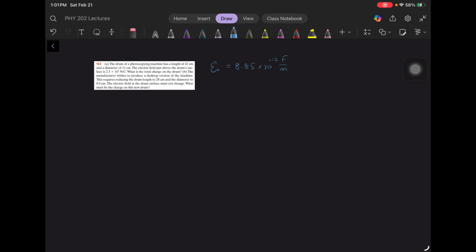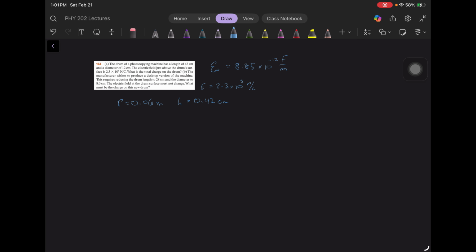If the diameter is 12, the radius is 6 centimeters. So I'll put the height was 42 centimeters. And we're given an electric field equal to 2.3 times 10 to the 5th newtons per coulomb. What is the total charge on the drum?